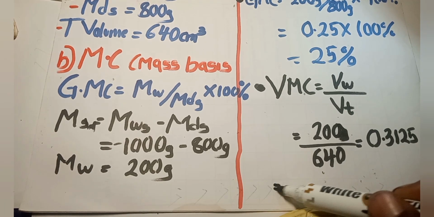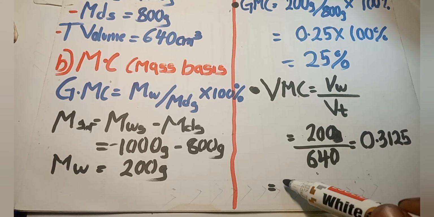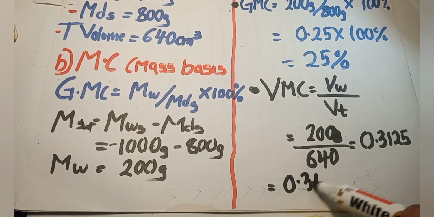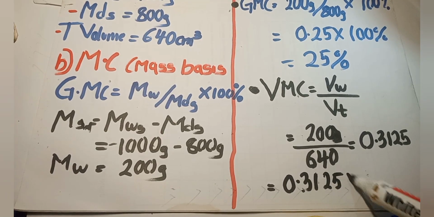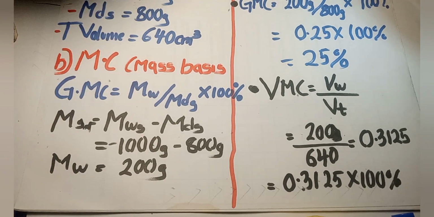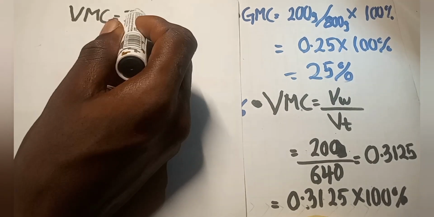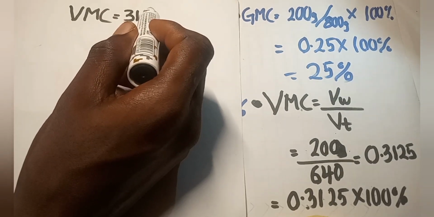So I multiply 0.3125 by 100%, which gives me 31.25. So the volumetric moisture content is 31.25%.